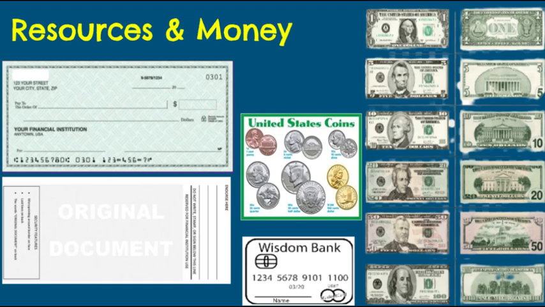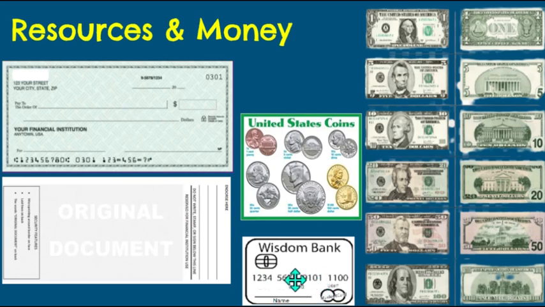Some types of invisible money are becoming very popular. We started out with checkbooks where you could write out the amount of money that you needed, you'd hand it to the person, then they would go to the bank and cash the check to finally get the money.